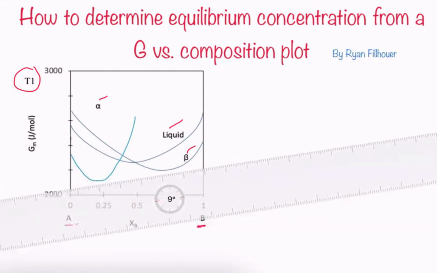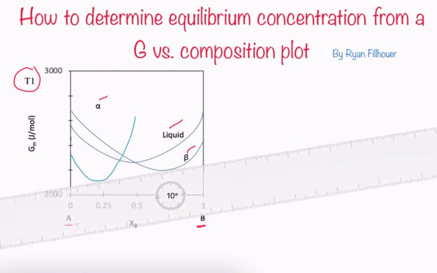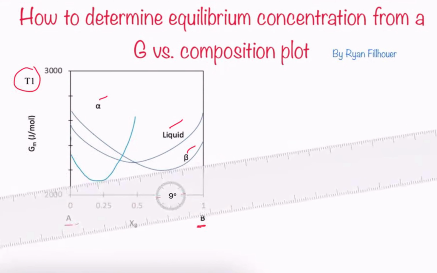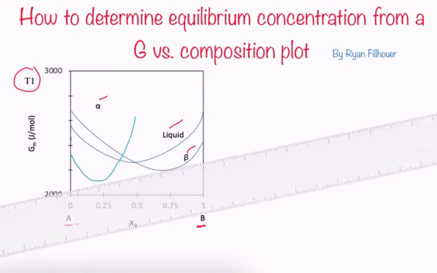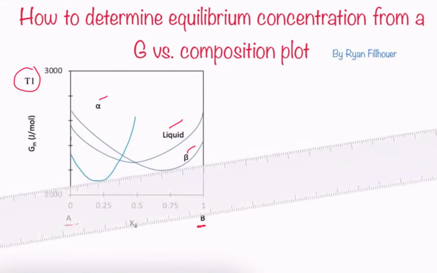But you follow the curve around until it hits another curve. And in this example, it's going to hit the beta curve right there. And we're just going to connect that with a line right there.